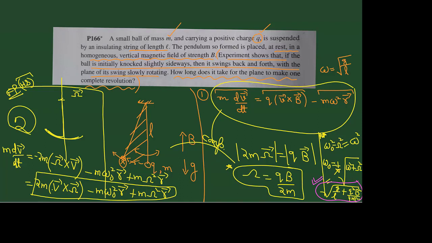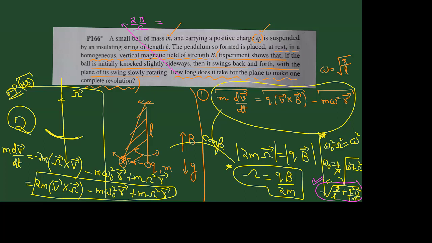And other than that, if I just observe, his question was simply, how long does it take for the plane to make one complete revolution? Now, because you are rotating with capital omega, you can see the time that it will take for a complete revolution, the answer should be 2 pi by capital omega. And we have categorically calculated capital omega.